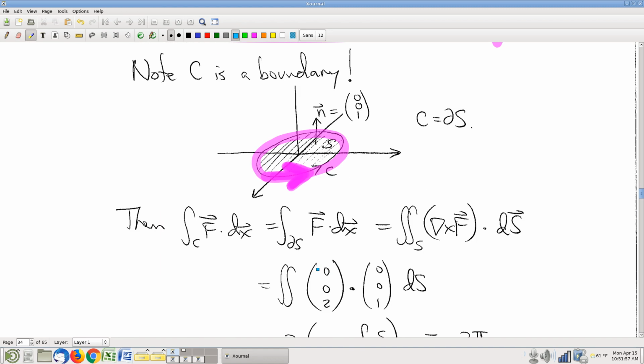So with that having been observed, let's see. This being the new surface, right? Then the flux of the curl through that surface gives me the line integral of the original vector field on the boundary curve.